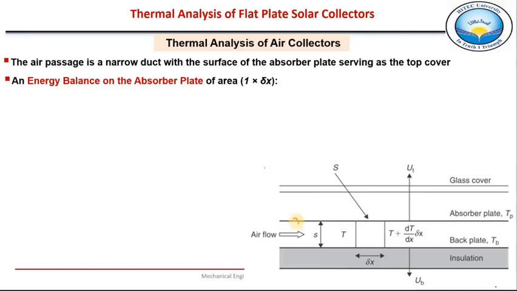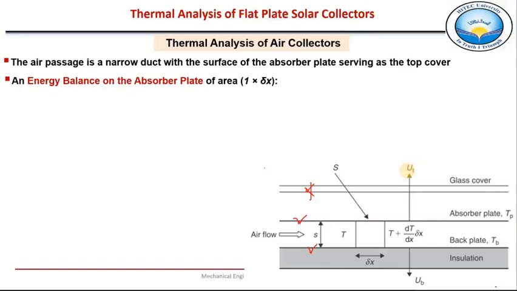The major components: the absorber plate, so we shall write energy balance for the absorber plate, then for the glass cover, and also for the back plate. Sorry, for the glass cover there will be no energy balance.